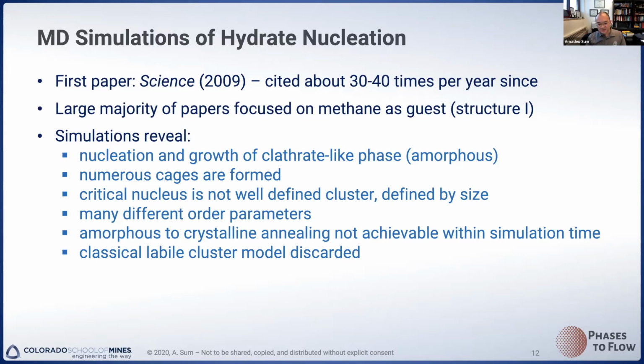And so, if you add those up over 10, 12 years, there are close to 400 papers that have been published related to this topic, right? Or at least have cited the initial study. And I think that's a fairly significant amount of interest in this particular area.